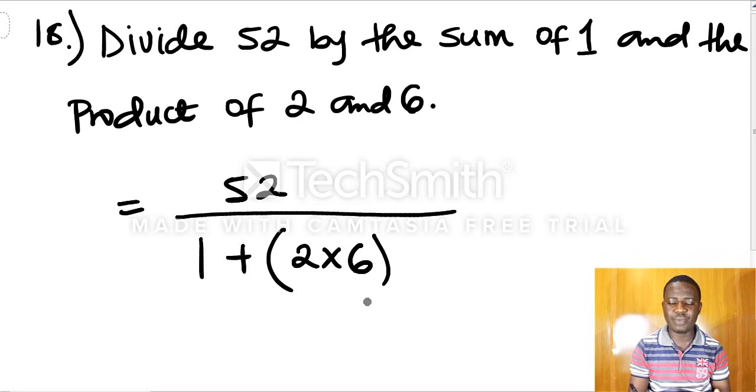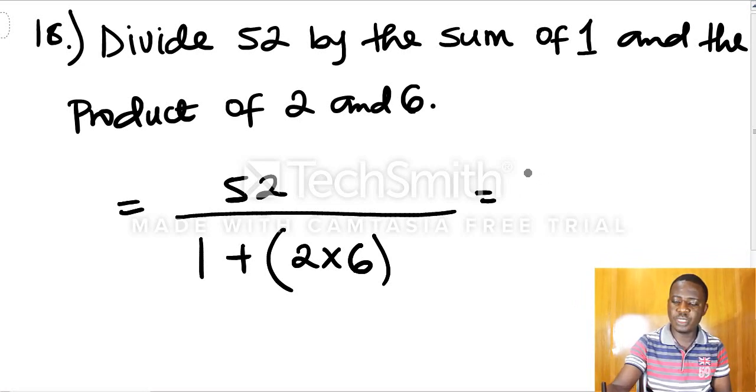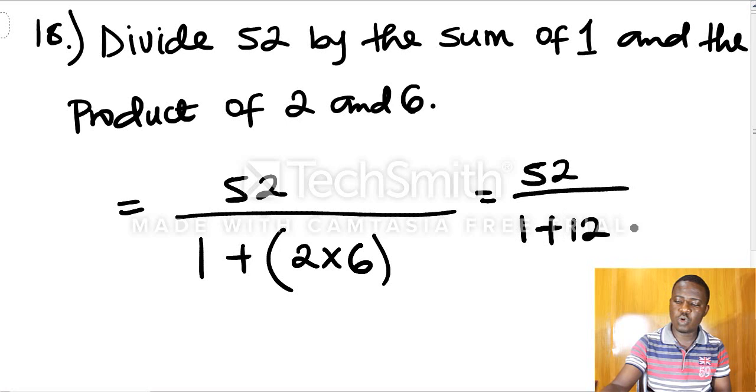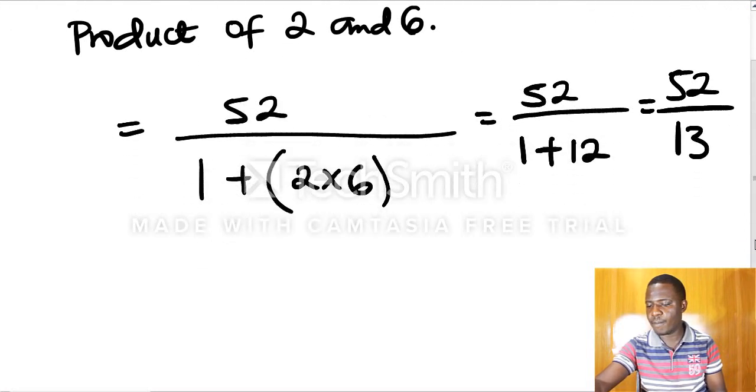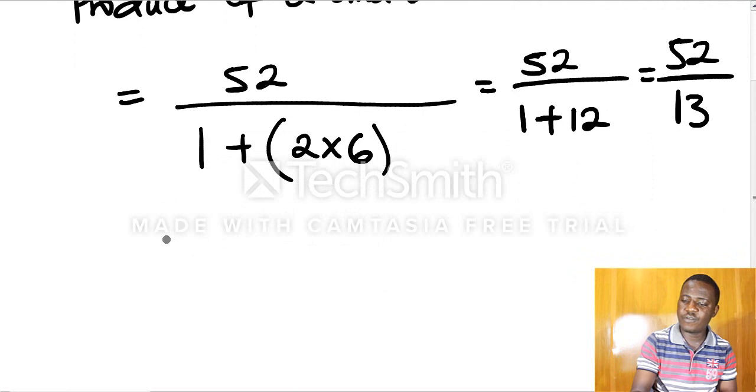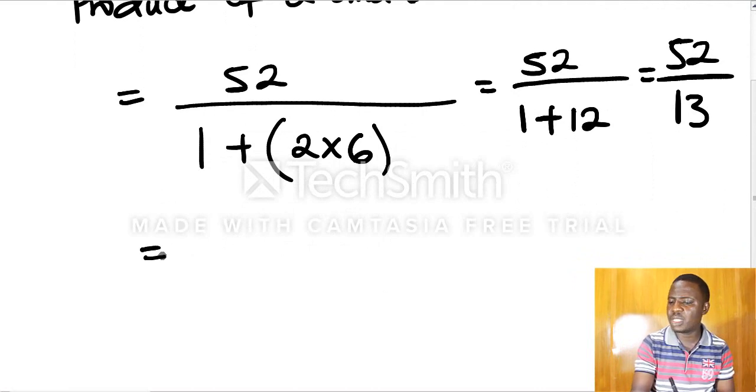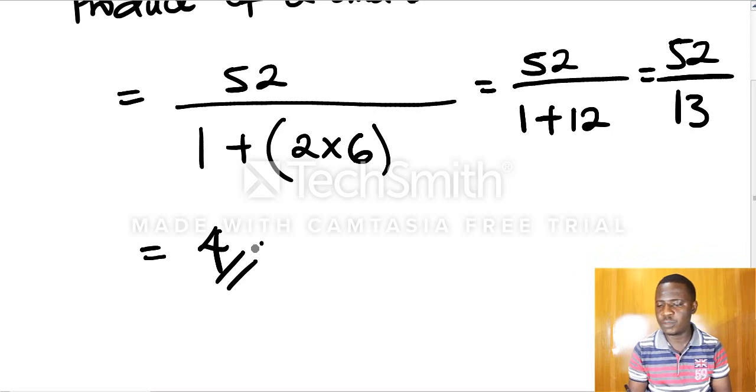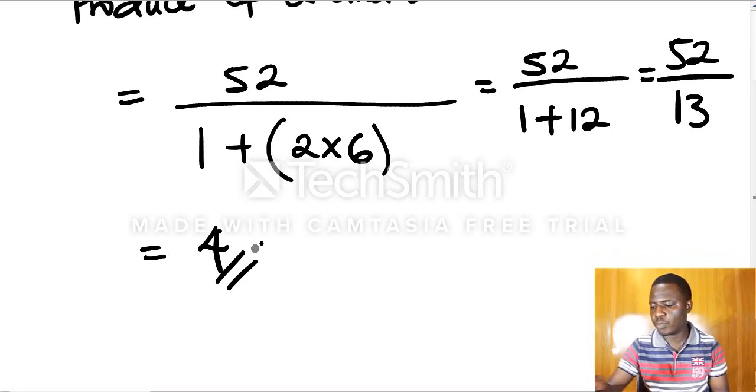When you simplify, it is going to be 52 divided by 1 plus 12, which is 52 divided by 13, and 52 divided by 13 is 4 from your multiplication table.